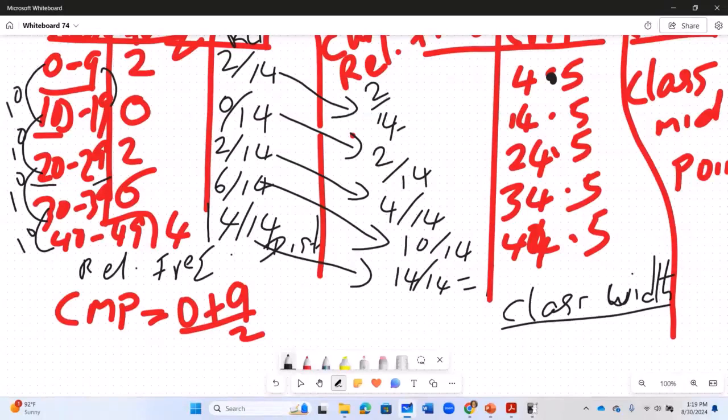Also, the difference between consecutive upper limits will be 10 also. It's also class weight or class size. Notice that the distance between consecutive class midpoints is also 10.